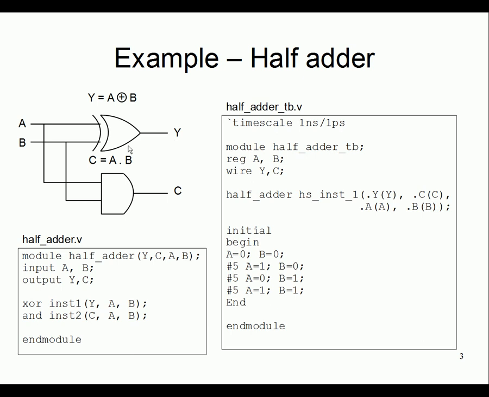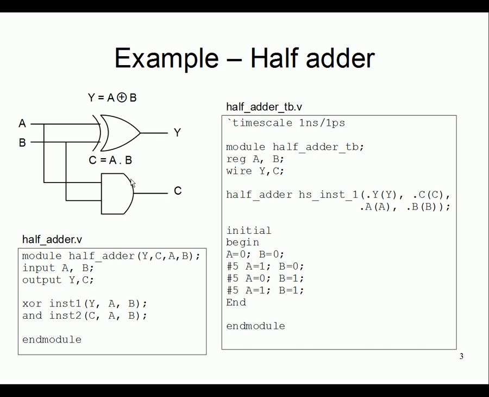So we have seen this half adder circuit, right? I am not going to explain that, but you can refer back to your digital logic slides and notes, and see how we came up with this schematic. But it's ultimately one XOR gate and another AND gate.